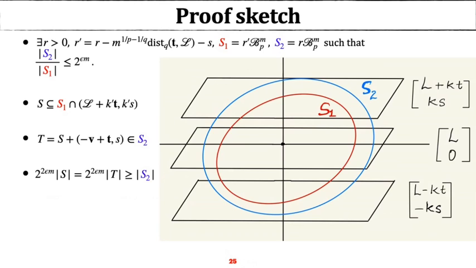And then we show that there exists a set S in sphere S1 on one of the hyperplanes, and the number of vectors in set S is also not very small compared to the number of vectors in sphere S2.